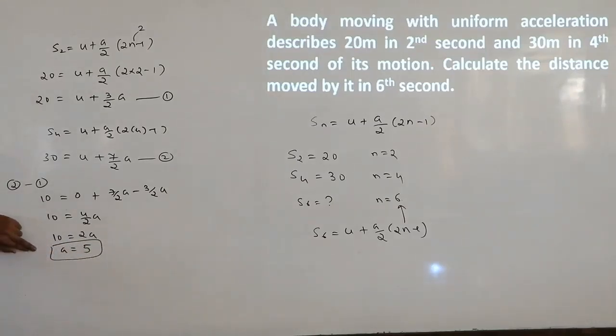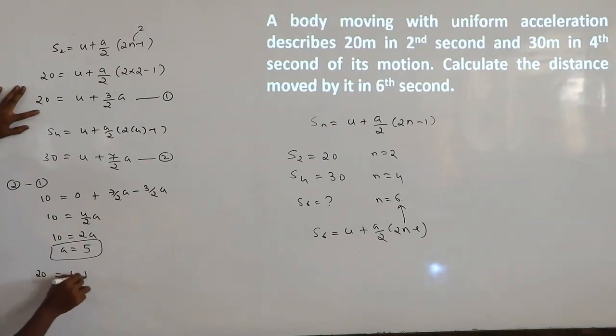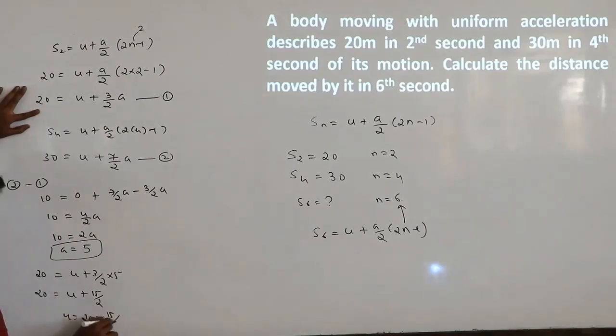If you got A as 5, substitute here in this equation so we can calculate U. 20 equals U plus 3 by 2 into 5. So 20 equals U plus 15 by 2. So U equals 20 minus 15 by 2.